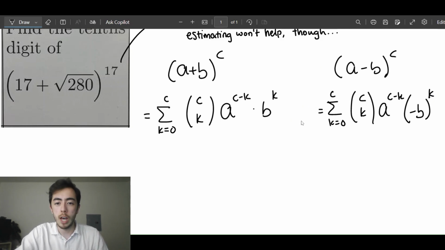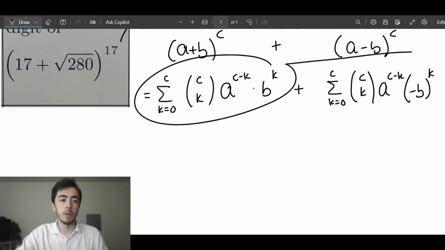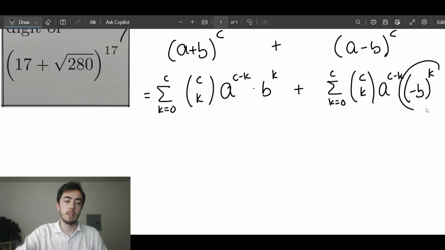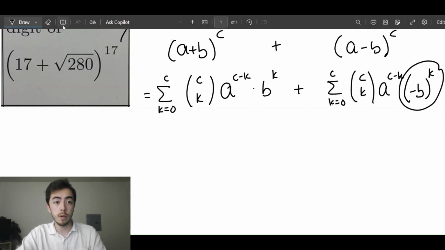And I want to investigate what happens when we add these two together. And so I'm actually going to put a plus sign between these two. So these two sums are going to be nearly identical, right? They essentially look exactly the same. The only difference is that we have a negative sign in this b right here. So if you imagine k being even and we raised negative b to some even power, we're eventually just going to get the same thing as b to the k, as long as k is even.